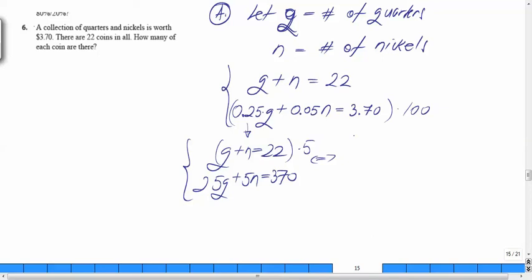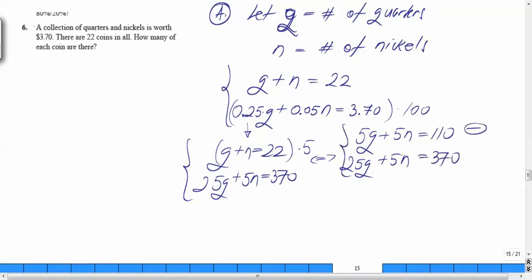Your system of equations now will be what? 5 times q is 5q plus 5n equals 110, right? The bottom one stays the same, 25q plus 5n equals 370. I will subtract the top one from the bottom.